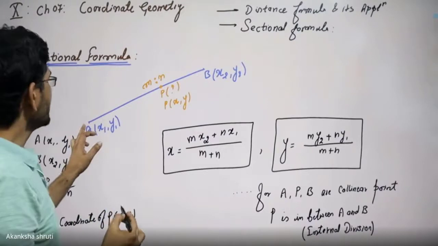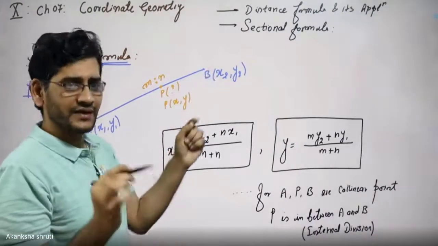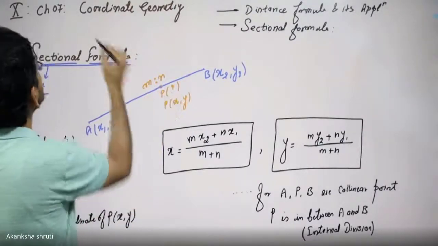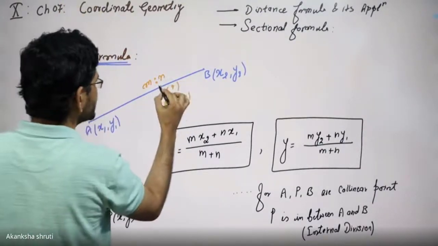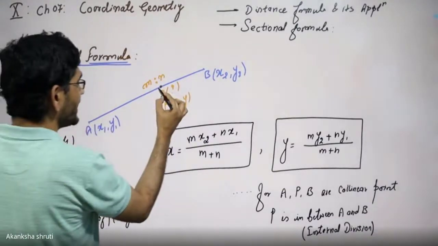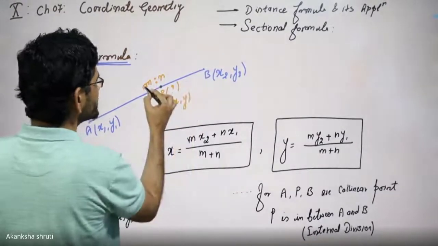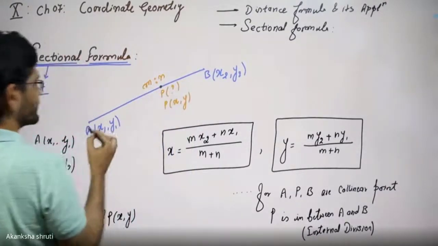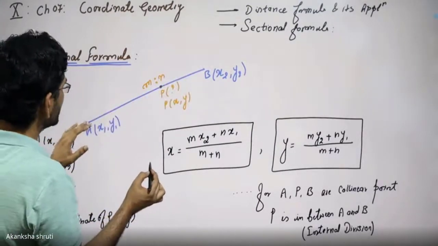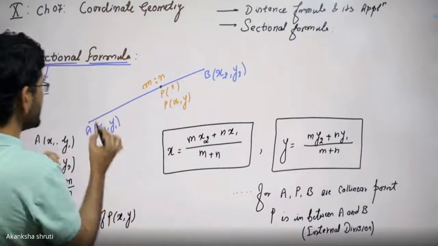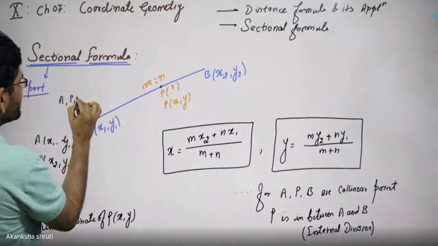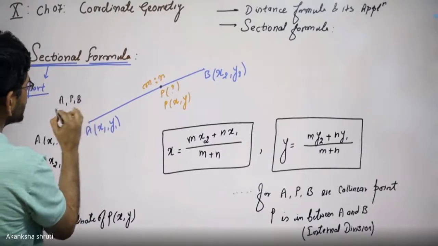To write this, let us consider AB is a line segment and P is any point on this line segment AB such that the ratio AP to PB is denoted as m to n. Keep in mind, students, for applying this formula, A, P and B are on the same line.